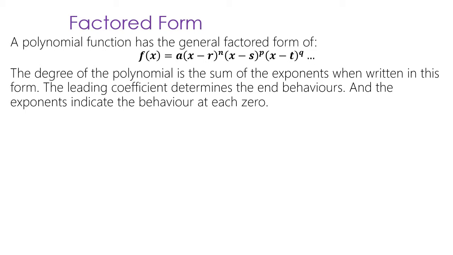Today they're going to be in factored form, and I don't want to spend time foiling and distributing all of these to get to standard form. So the easiest thing to do to determine the degree is just add up all the exponents. And then just like the last lesson, the leading coefficient determines the end behaviors.